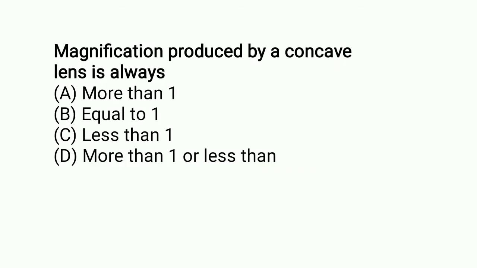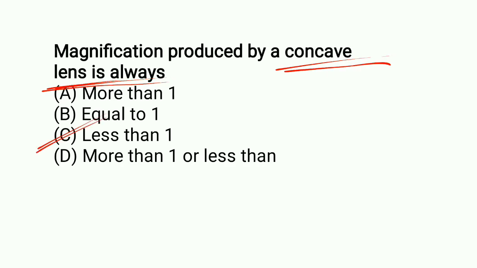Next question: magnification produced by a concave lens. A concave lens produces a virtual and erect image behind the lens, and it is always a diminished image. In terms of magnification, it is always less than 1.